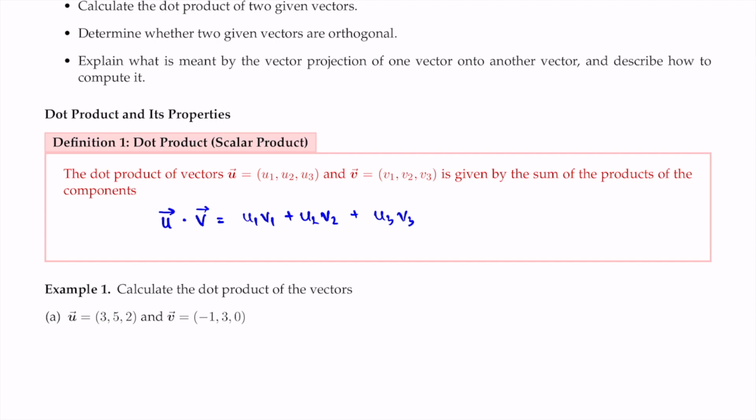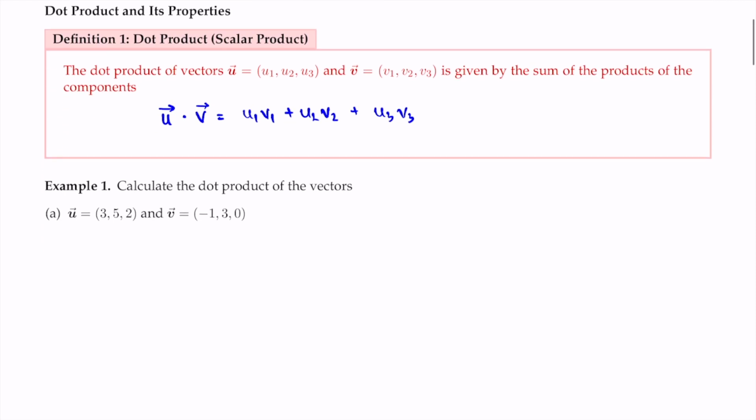Later on, I'm going to show you the proof of where this calculation is actually coming from. But for now, please accept the formula. Just use the formula to calculate the dot product between two vectors. This formula can, of course, be written for two-dimensional vectors.